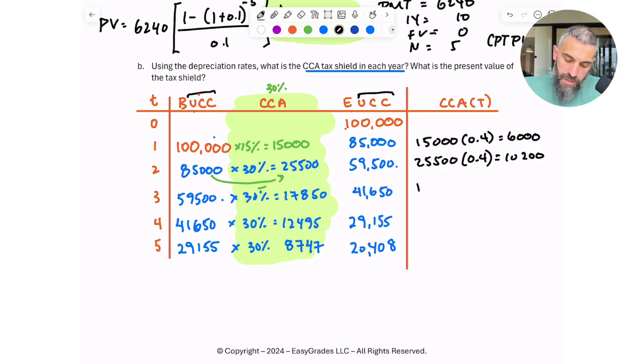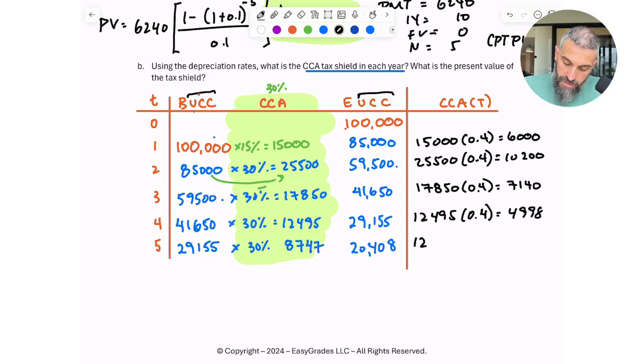Okay, then the next one, 17,850 times 0.4 is 7,140. 12,495 times 0.4 is 4,998.